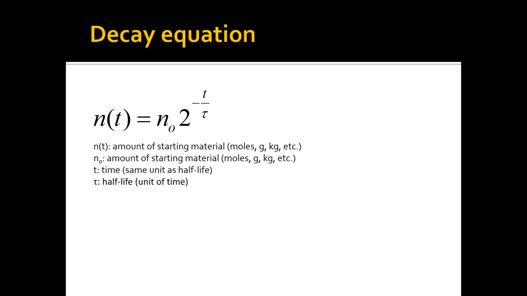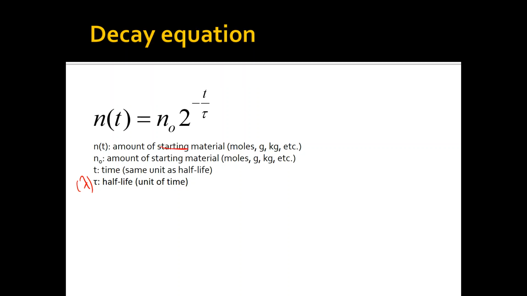t is your measurement of time, and tau is your measurement of half-life. You can replace this by lambda if you feel uncomfortable doing that. There's textbooks that have both symbols for this equation. All right, and as long as your t and your tau are in the same units, that's all that matters. N naught is the initial amount. Oh, I didn't write a different definition.